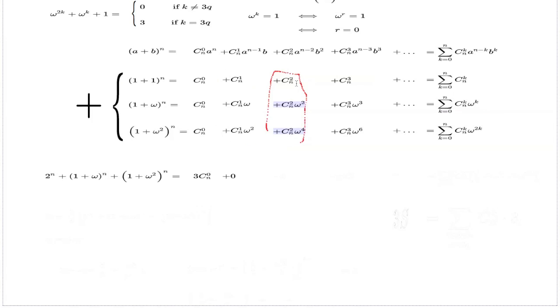If you bring them together and take the common factor c and 2 out of the brackets, the result inside the brackets will be 1 plus omega squared plus omega 4. That's again this kind of expression with k being 2, which is again not a multiple of 3. So the whole result is 0.